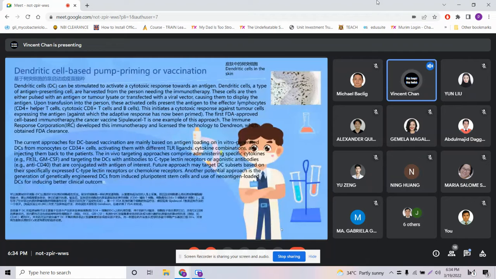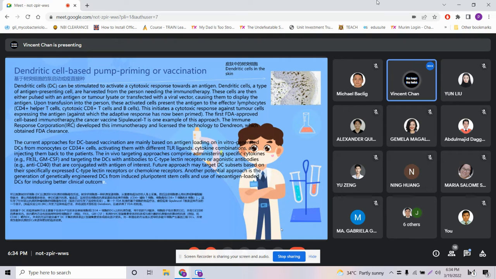So first, FDA approved cell-based immunotherapy, the cancer vaccine. Sipuleucel-T is one example of this approach.